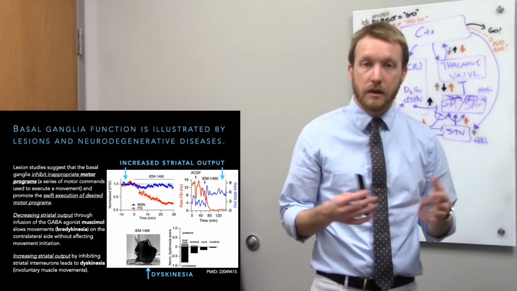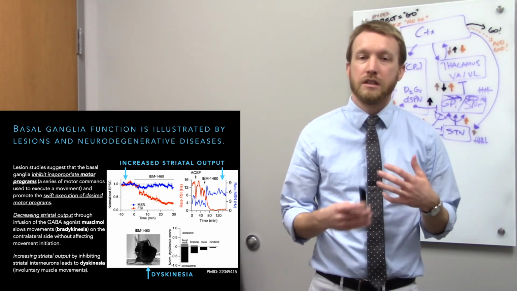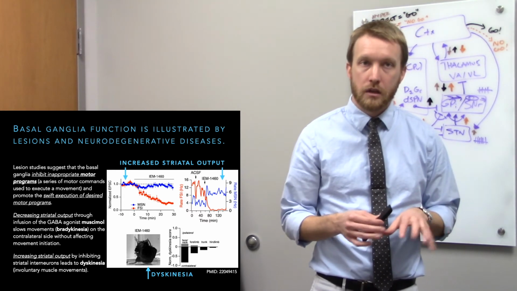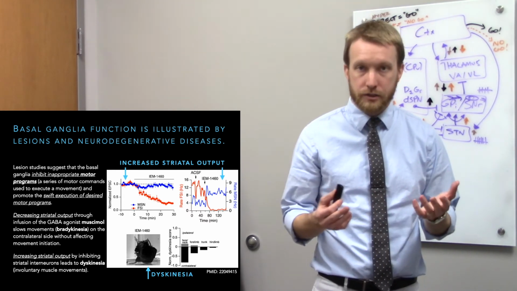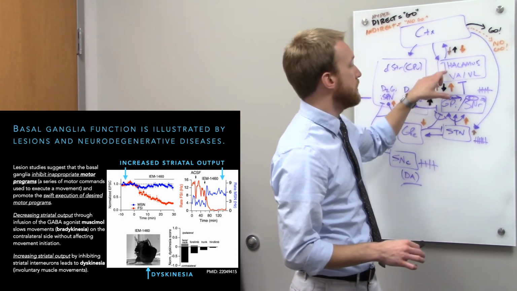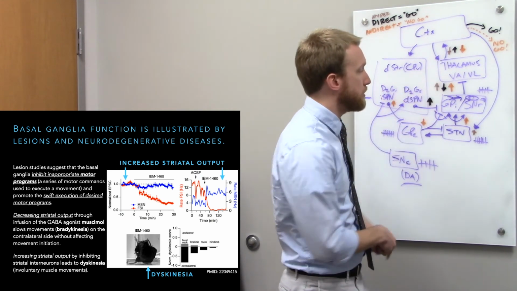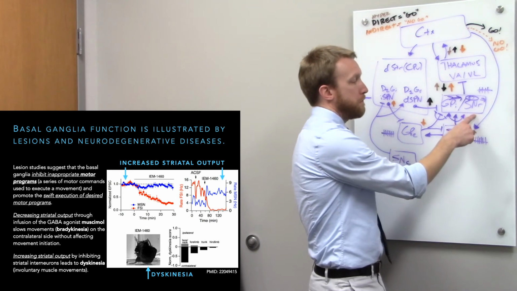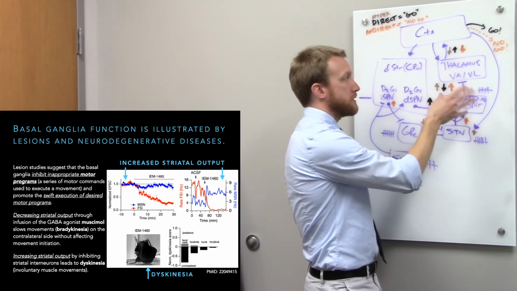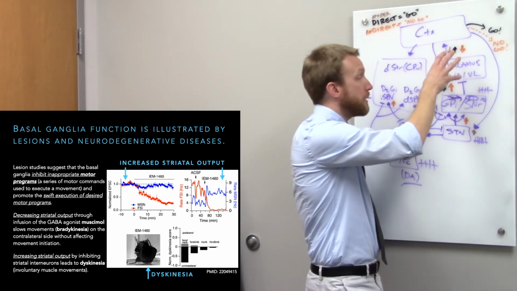Whenever you change the amount of striatal output, you change the amount of movement. So in general, decreasing striatal output leads to bradykinesia. An important aspect of striatal output is to relieve that tonic inhibition of the thalamus, because remember, these pacemake. So the output nuclei are constantly dousing the thalamus in GABA.